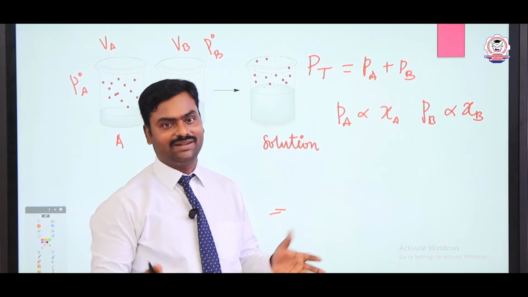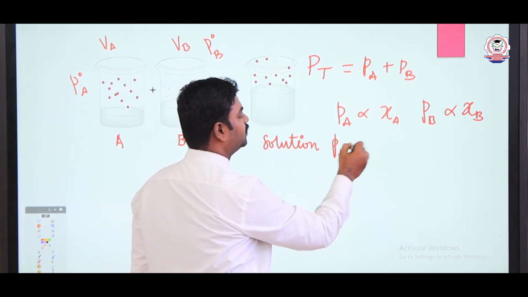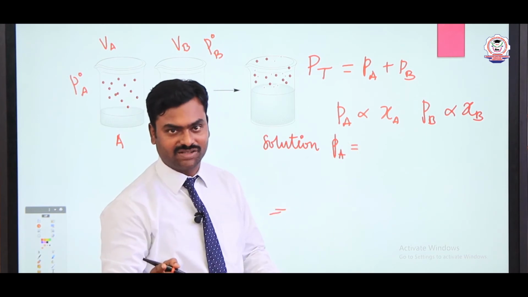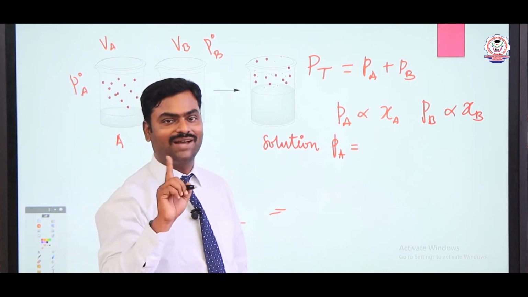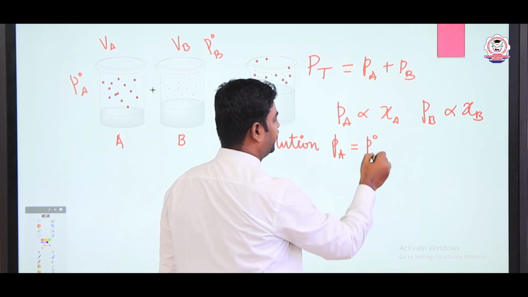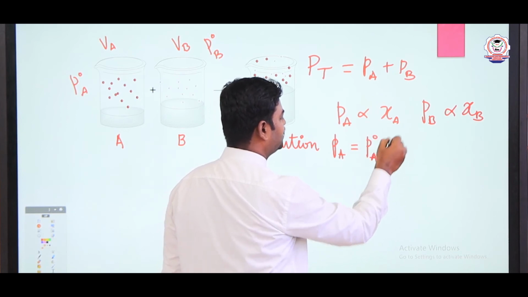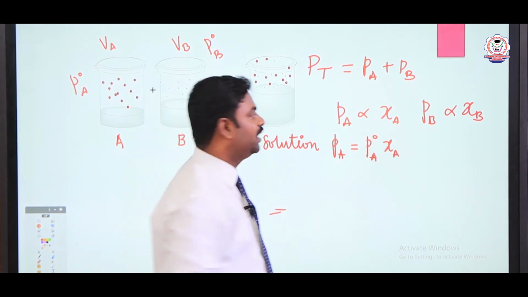Now we are going to equate both. Pa is equal to, we have to introduce a constant, right? The constant is nothing but the pure solvent vapor pressure, P naught A, into Xa. The same applies for Pb also.